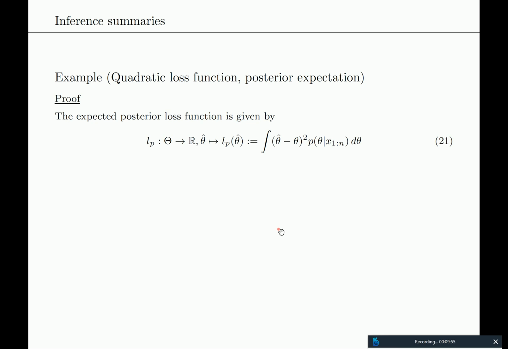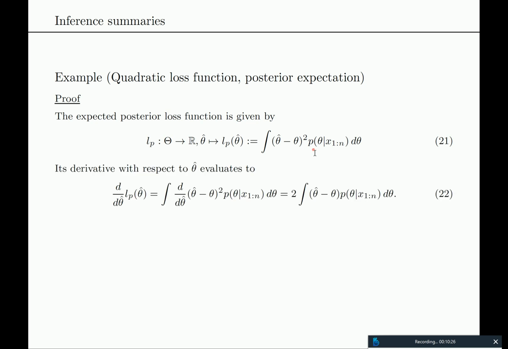If you want to find the specific Bayes estimator under a specific loss function, you need to minimize the expected posterior loss. And for that, it helps to first write down the expected posterior loss. So this, of course, here takes this form. For the loss function, you plug in this squared deviation.